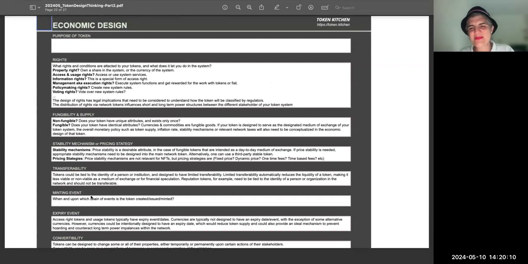Or are the tokens minted upon a contribution to a social network, upon proof of contribution to that social network? This was the case in Steemit, but these tokens were usually created once a week, and then they were gathered in a pool, and then they were distributed to the content creators and the content curators.